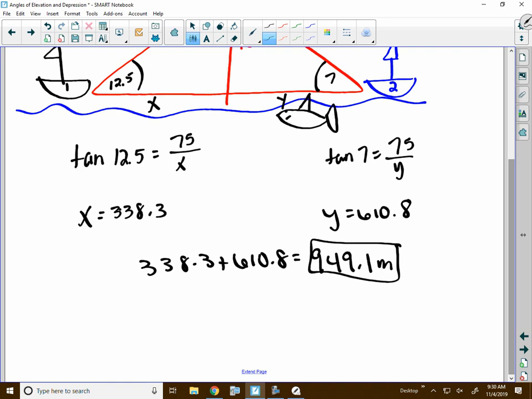Meters? Yes. You should end up with 949.1 total once you add those together. Questions, issues, concerns?